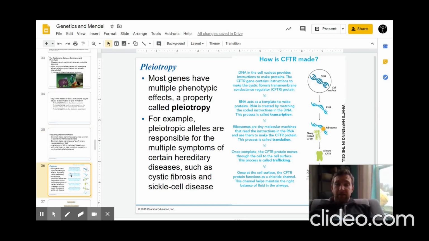That said, we can take a look at our next couple topics. Pleiotropy is when there are multiple outcomes from one particular gene. Cystic fibrosis is a fantastic example of this one, unfortunately. So there is a protein that is built.